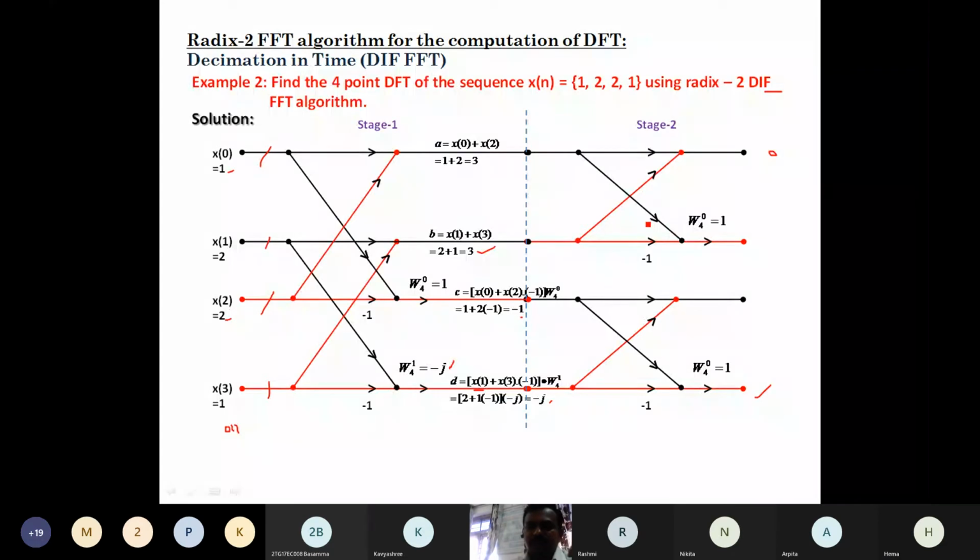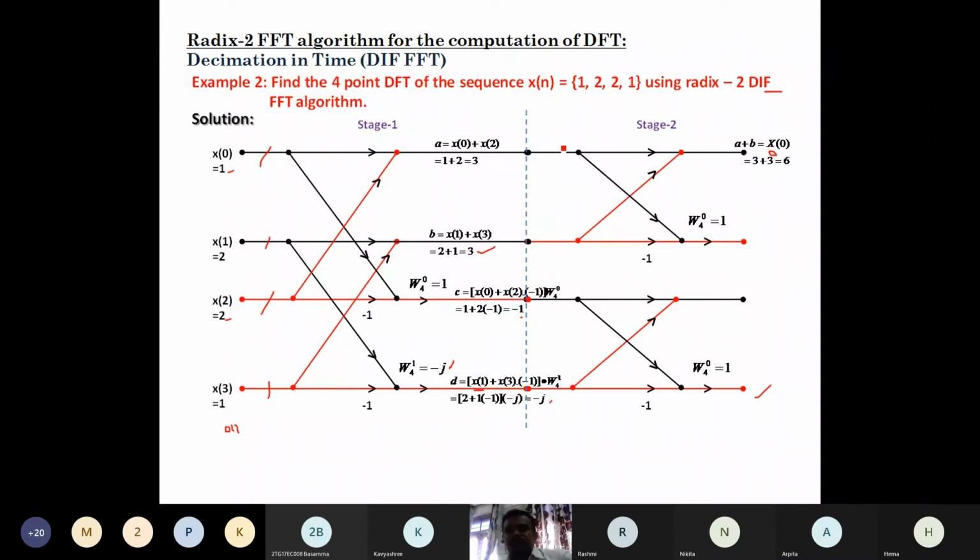Next, the second stage is once again the two-point DFT calculation. We already know how the 2-point DFT calculation is done. So first line with second line, and the second butterfly is also first line with second line. Okay, go for this calculation. So here, what is the input and output?